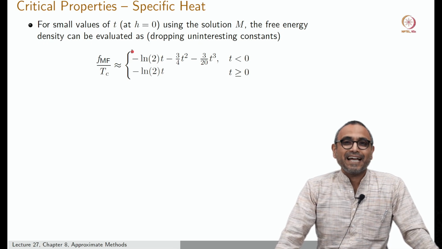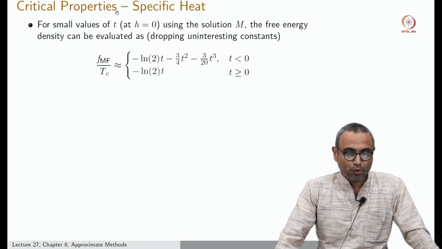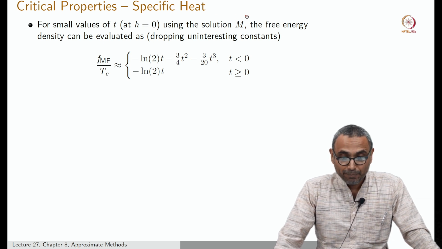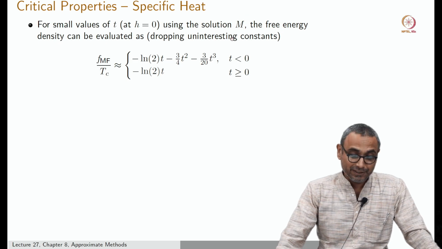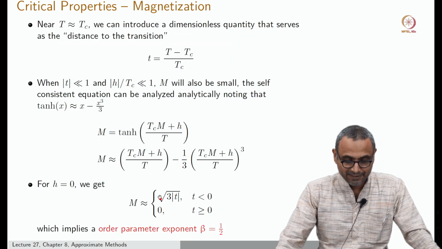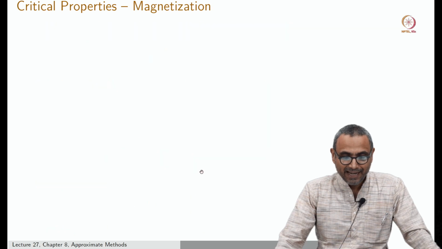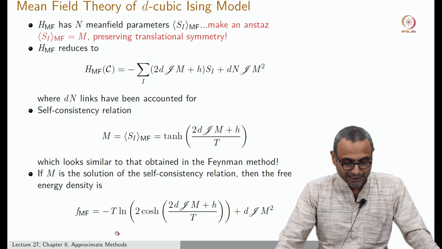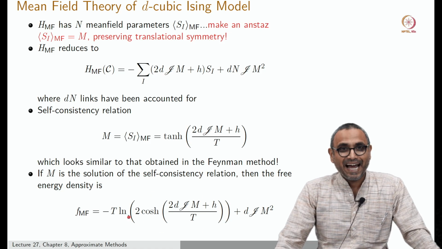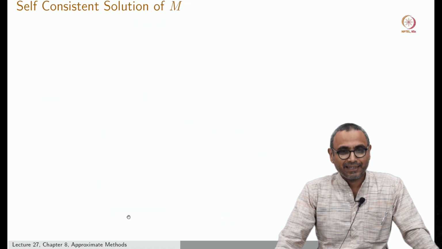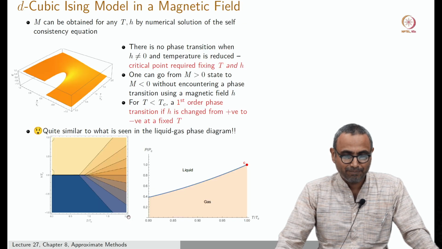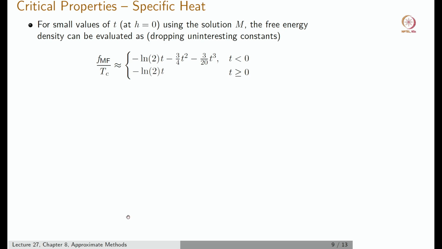Again, exploiting the fact that little t is a small quantity, I am going to use the solution of m, which we just put down here, square root of 3 times mod t, and I can put that in this expression for free energy and perform a calculation keeping t small. I do some simple expansion, which is very straightforward to do, if maybe a little tedious, but it can be done, and you will end up getting a term like this.